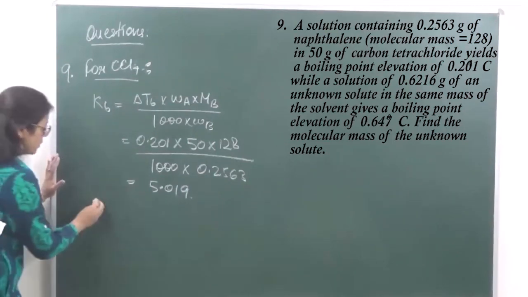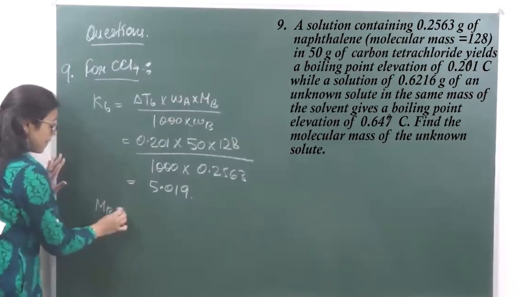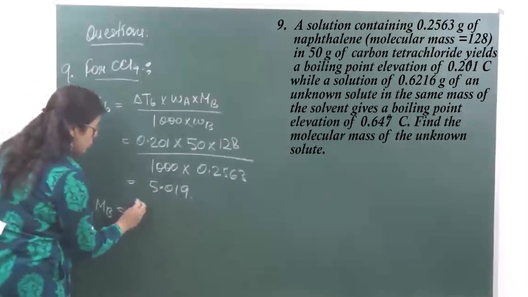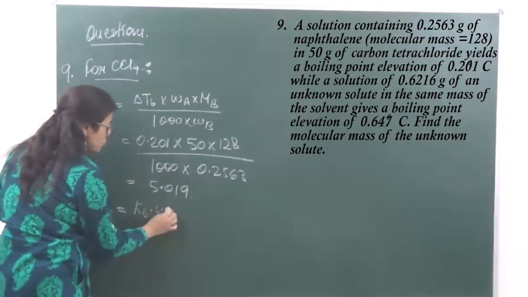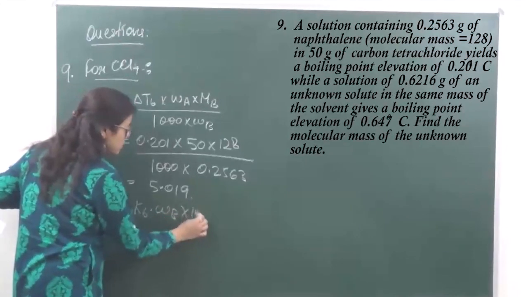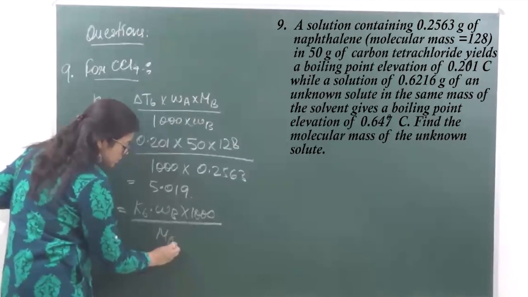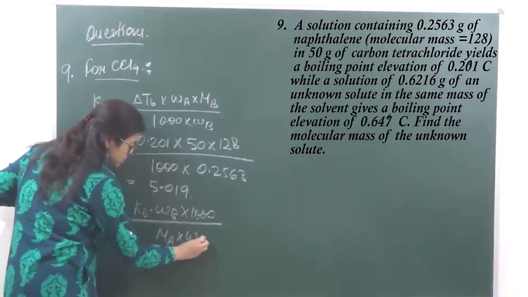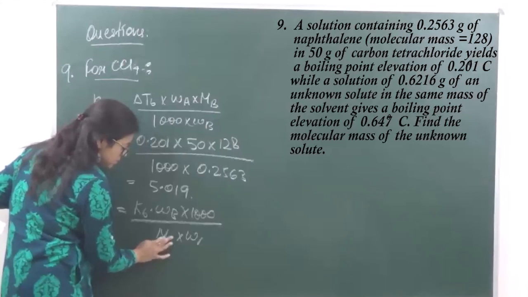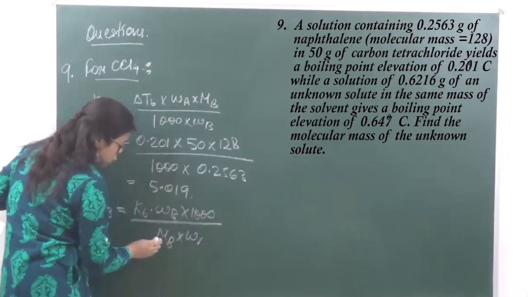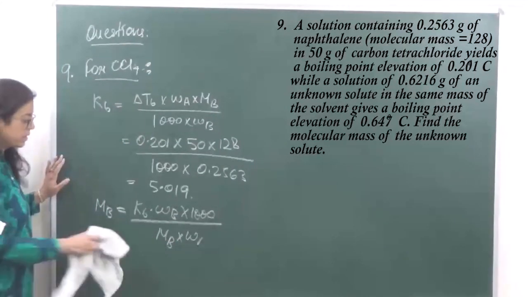Okay, so let's put the formula for the molar mass. That is going to be equal to Kb into 1000 into Wb upon delta Tb into Wa.